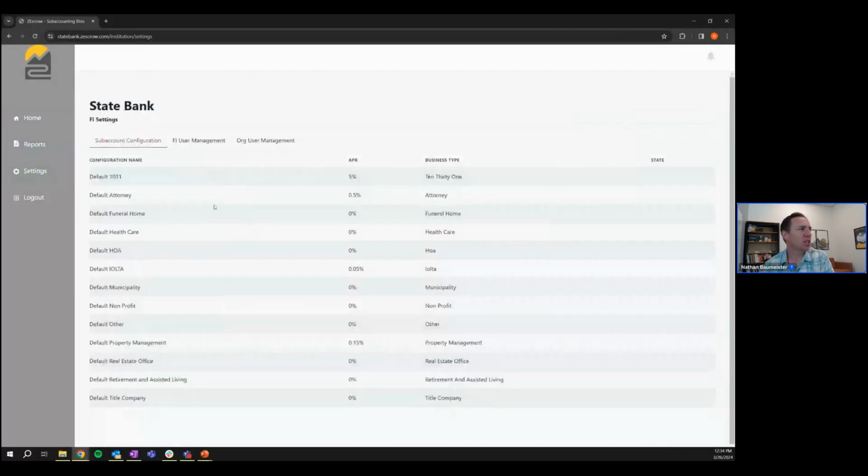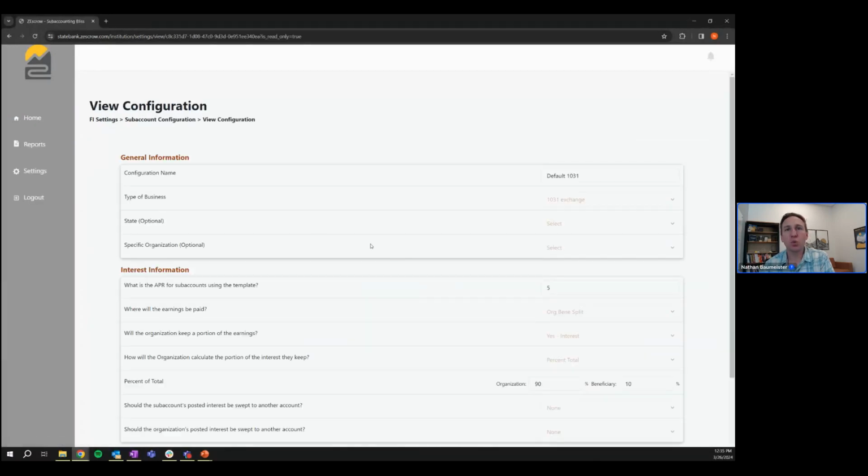The last thing I want to touch on briefly is here in the settings for the bank itself. Remember how I talked about how a law firm versus a municipality versus a security deposit in New York versus a security deposit in New Jersey, it's all different in the rules. Well, the way that we manage that is we build very simple templates that can then be applied to those sub accounts to define the rules that are going to work.